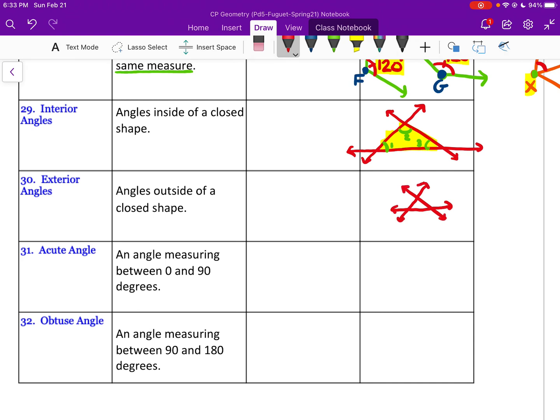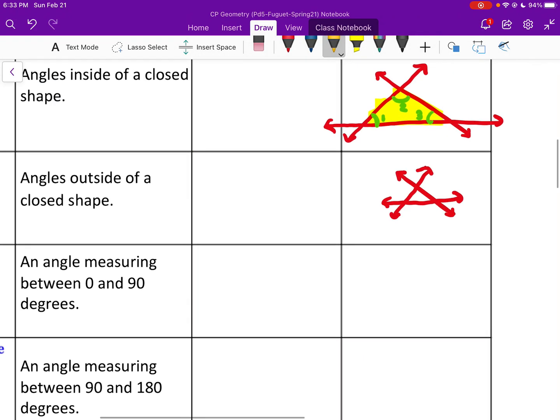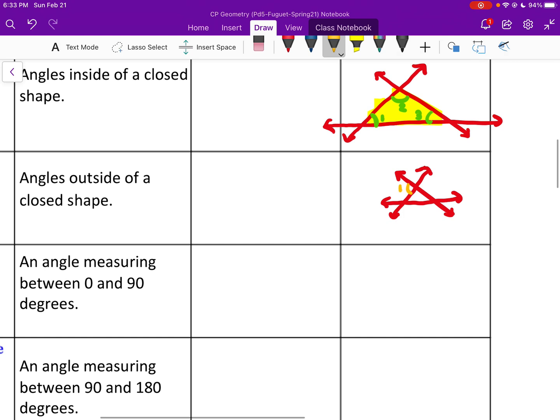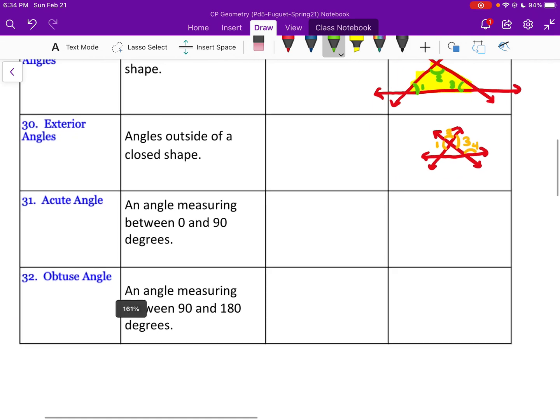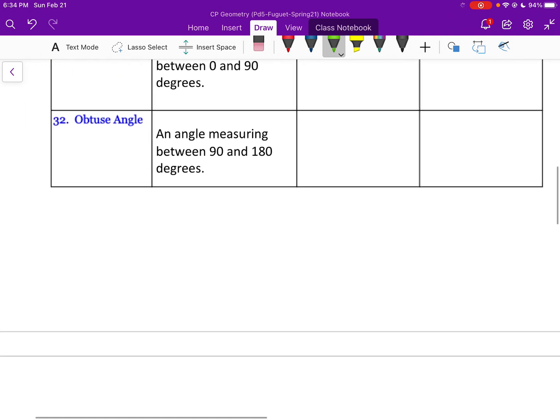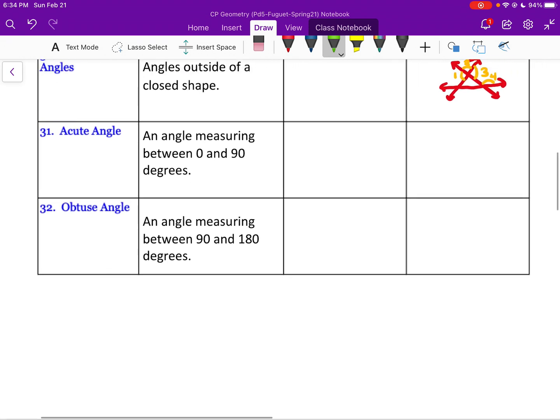So exterior angles then are any of the angles outside of the shape. Maybe I'll switch to yellow. So here's 1, 2, 3, 4, and so on. All you have to know is that it's going to be any of the angles outside of a closed-in shape.